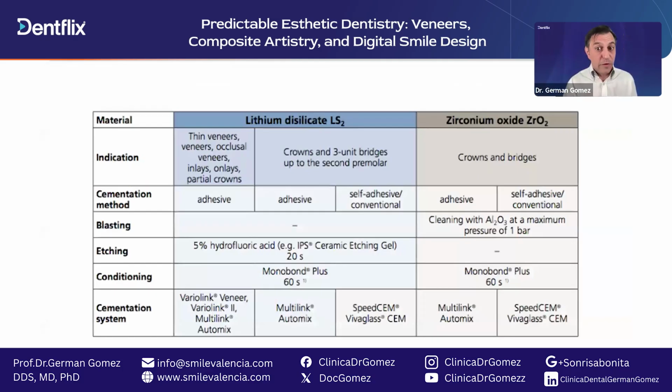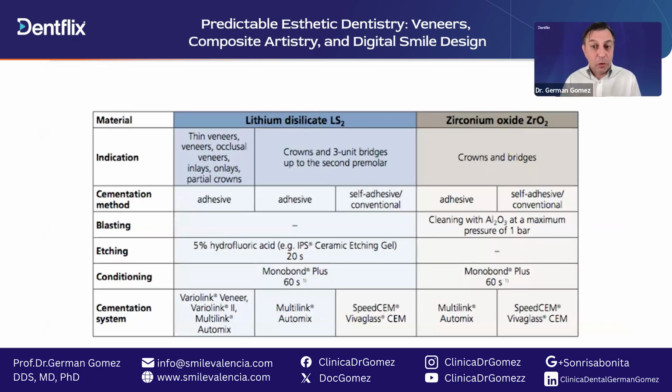Then, also very important, it depends on the material that you use for your veneers. There are glass phase materials like lithium disilicate, like feldspathic ceramics, okay, and they are pre-treated differently. They are pre-treated with hydrofluoric acid and with silane.